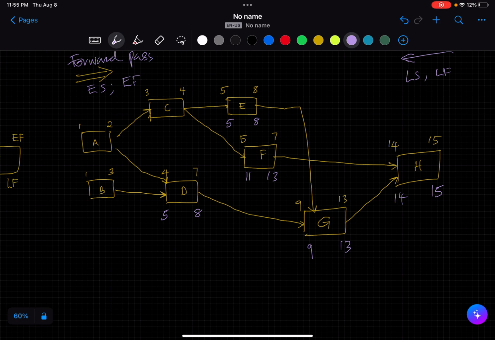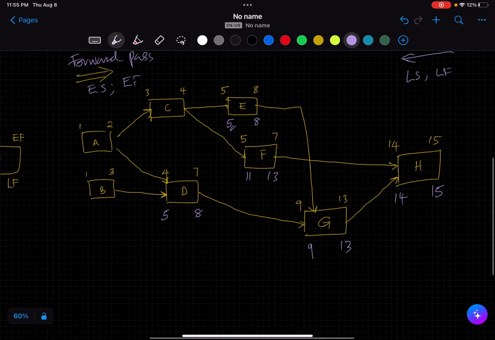Now the question we have to ask ourselves is, what is the latest finish date for C that will not impact, this is going to be a tongue twister, the nearest late start for the successor activities? If you look at E and F, we'll have to factor in the dates for E rather than F. I'll explain it shortly.